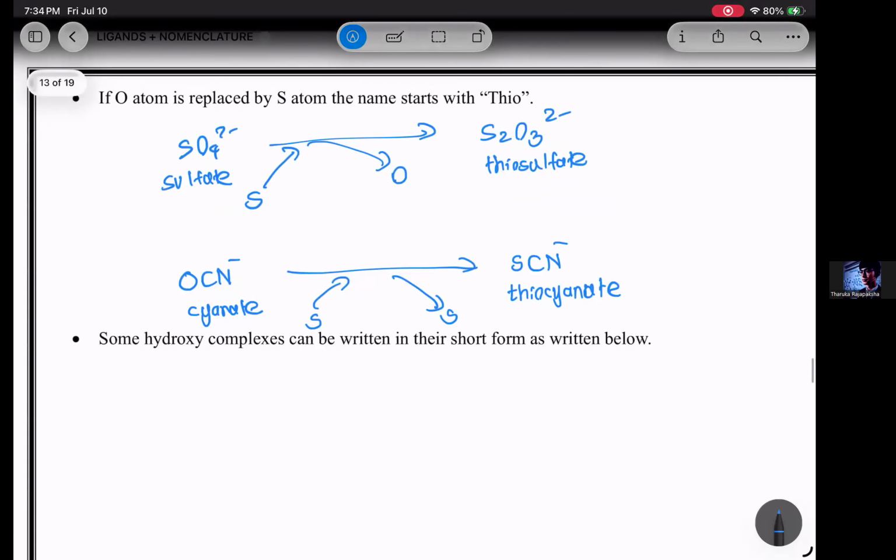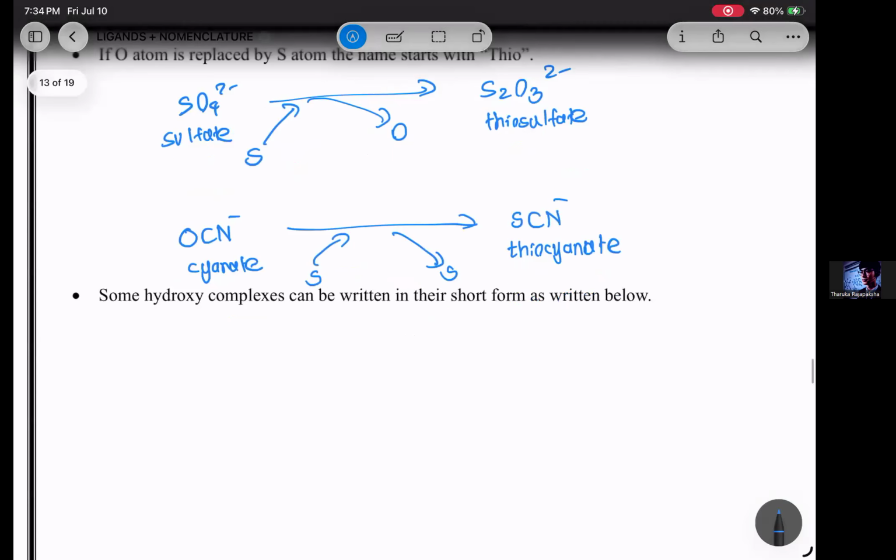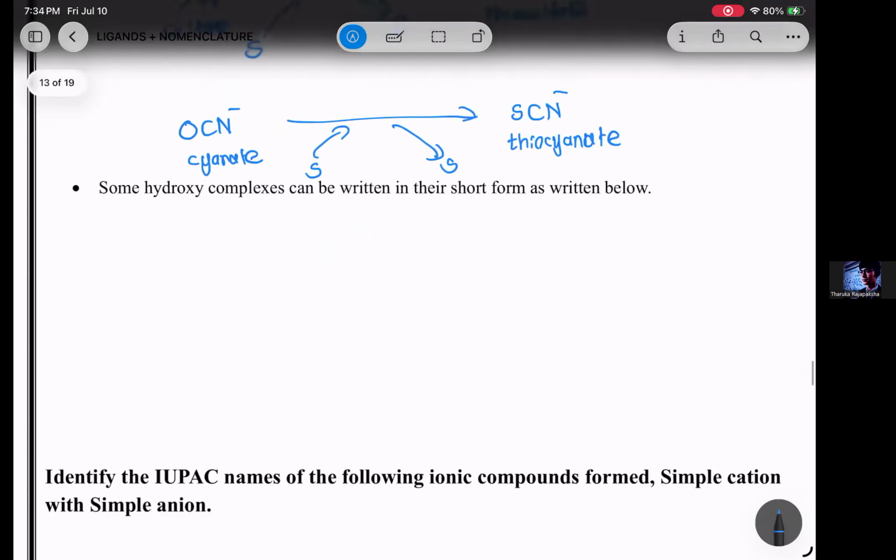Okay, some hydroxy complexes can be written in their short form. Now, chlorine containing compounds. Can you remember hypochlorite, chloride, chlorate, perchlorate? Cl minus, all of you know it's chloride.